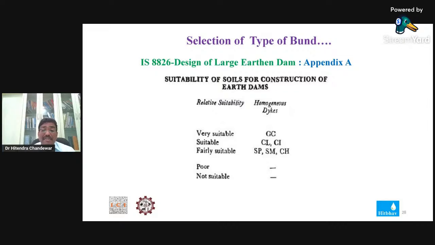Only suitable criteria are CL and CI, and fairly suitable are CH, SM, and SC. So my soil is of suitable to fairly suitable type. So I have to go with CL and CI. So my earthen bund constructed there is from the soil of CL and CI type, and it complies with the code requirement.